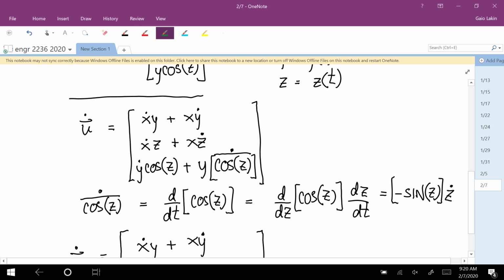So this is all product rule. And this is all chain rule.